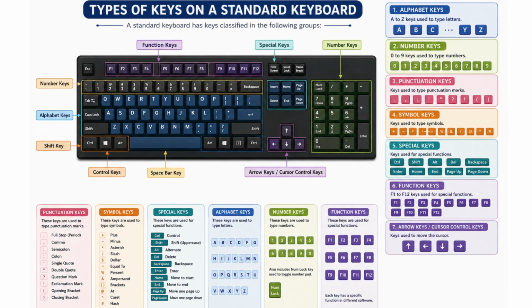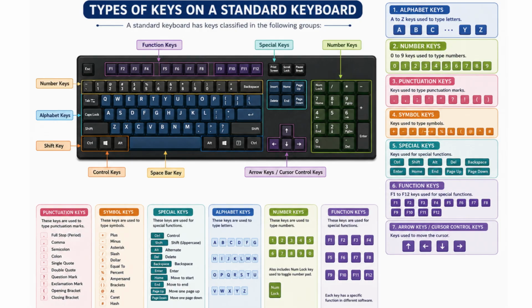Then we have the function keys. Function keys are again having special function. So when you press different function keys, you have different functions performing on the computer, like F1 till F12. Then we have the arrow keys. Arrow keys are used to move the cursor up, down, right or left.